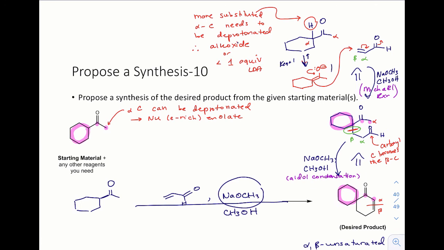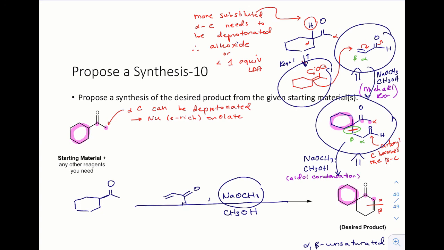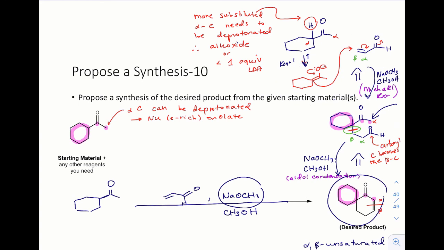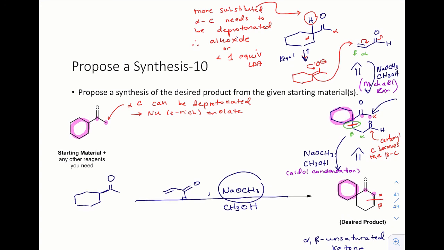Once the thermodynamic enolate is formed, it will add to the alpha beta unsaturated ketone in a series of steps. So nucleophilic addition, proton transfer, generate this intermediate, which will continue reacting, forming the enolate at the alpha carbon and undergoing aldol condensation to generate the desired product. If you need to write out that mechanism, you certainly can. In synthesis problems, though, it is not required, though I needed to be thinking about it to propose the synthetic intermediates.